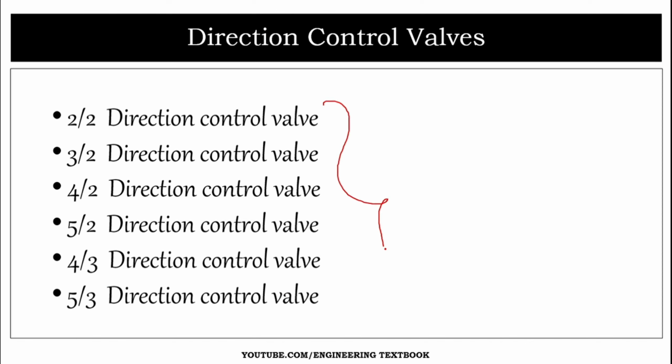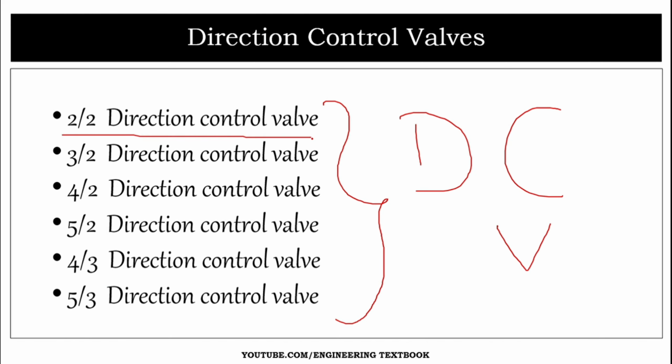So these are the 6 types of direction control valve, that is DCV, direction control valve. So let's see in today's video the 2x2 direction control valve.